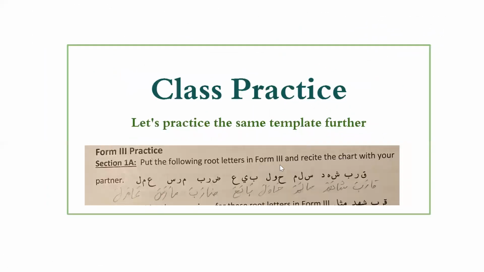We need to do class practice, which I prefer doing interactively. So I'm going to stop recording here, and we are going to practice these root letters like qaf, ra, ba. In Thulathi Mujarrad, it's qaraba, yaqribu. But when we take it in family 3, it's going to be like jahada, qaraba. Sheen, ha, dal is going to be shahada.